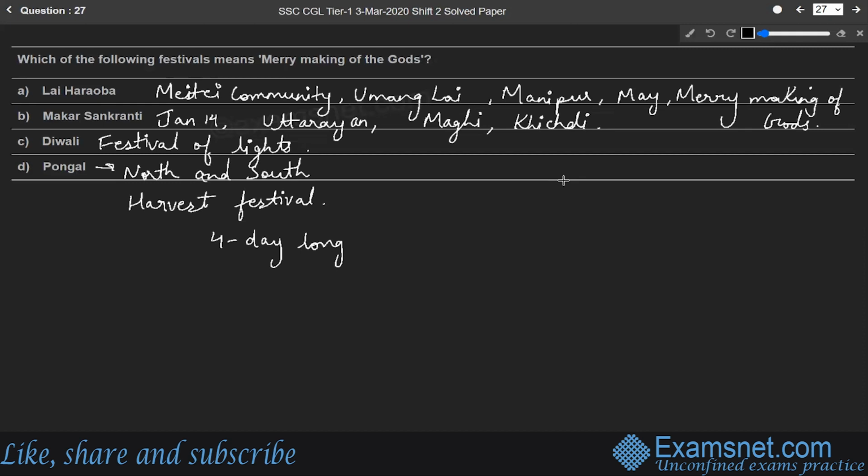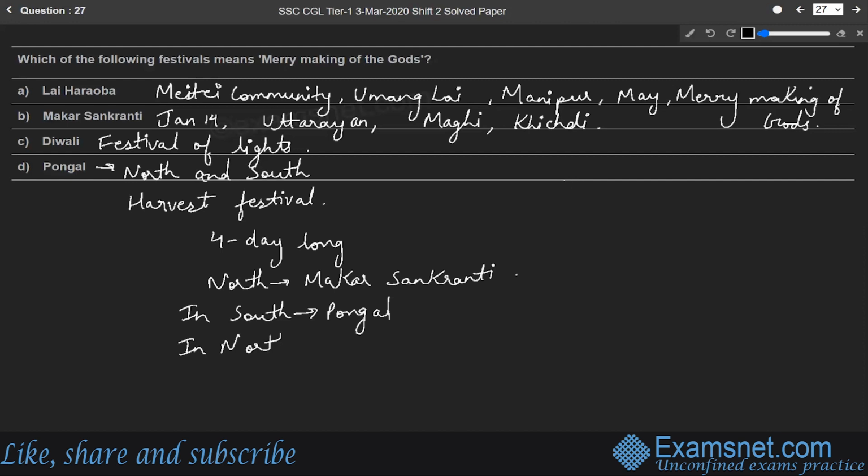And Makar Sankranti celebration is done in North. As I told you, Pongal is celebrated in two sides, North side and South side. In the North side, Makar Sankranti celebration is done. Also about Pongal, it is the most popular in West India, down south, and in south, this festival is known as Pongal, and in north, this festival is known as Makar Sankranti or Lohri.